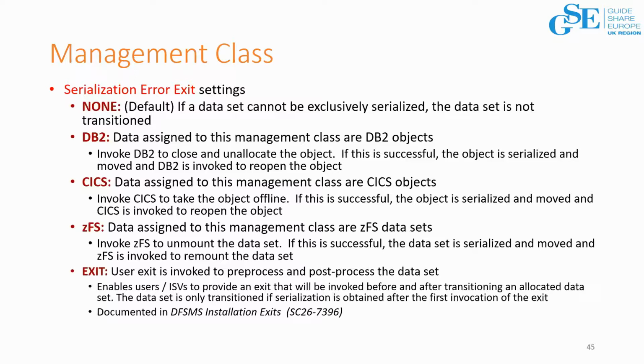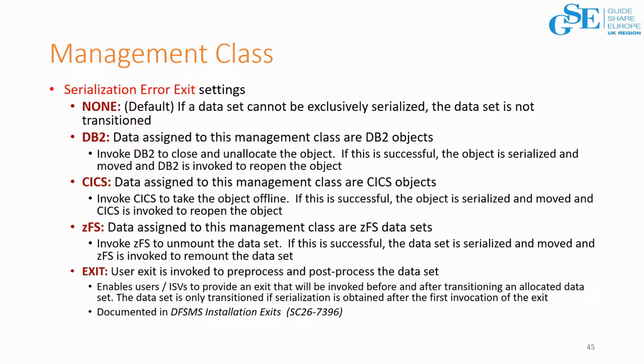So the management class provides multiple serialization error settings. If a serialization error occurs, HSM is going to use these settings to determine what it should do next. If none is specified, that's the default, the data set is not going to be transitioned. But if one of these other settings is specified, HSM is going to use this setting to notify DSS of which application needs to be invoked for this case.